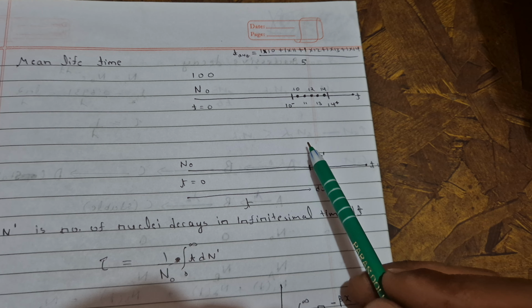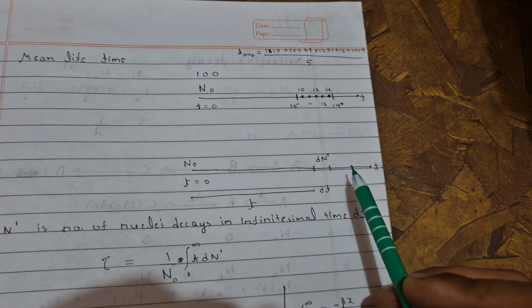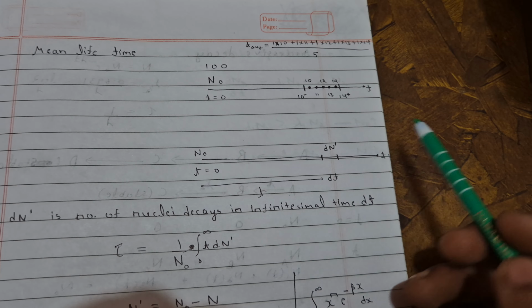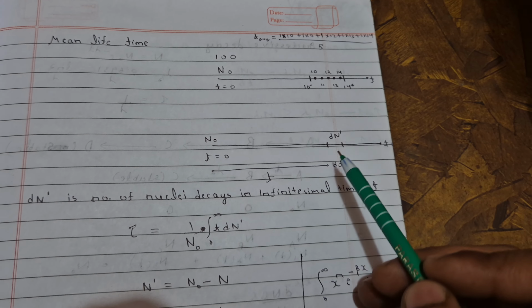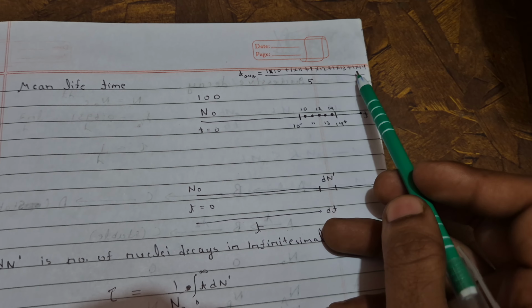So t dN', and now you can just integrate this over the whole time, to infinity. After the time when the nuclei have completely decayed, there will be no more dN', so the integration will turn out to be 0. This is t dN', as written here.